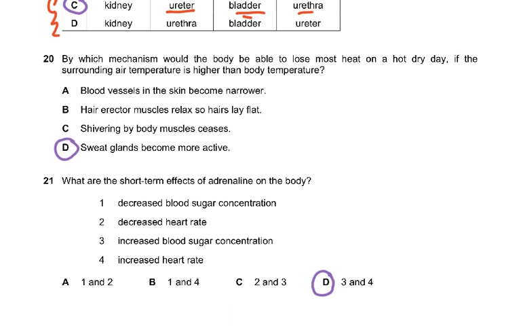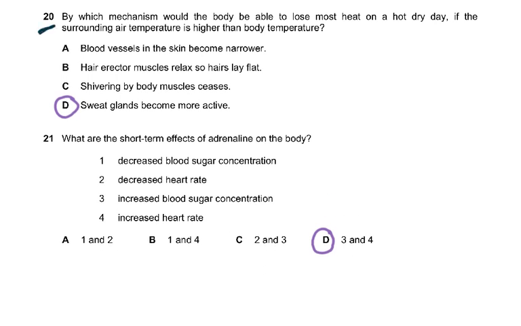Then question 20. By which mechanism would the body be able to lose most heat on a hot dry day if the surrounding air temperature is higher than the body temperature? You see, then you're going to gain that heat, like these days, it's very hot. It's the month of June.